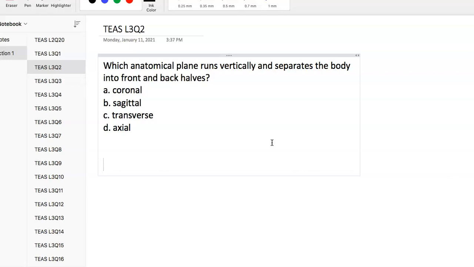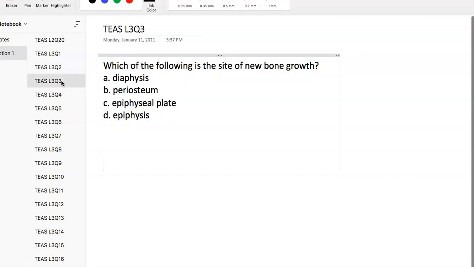The transverse plane runs horizontally and divides the body into top and bottom halves, and the transverse plane can be referred to as the axial plane. Okay, so there is a quick description of each of those answer choices. I would expect to see a question on this, so you definitely want to be familiar with what each of those mean.